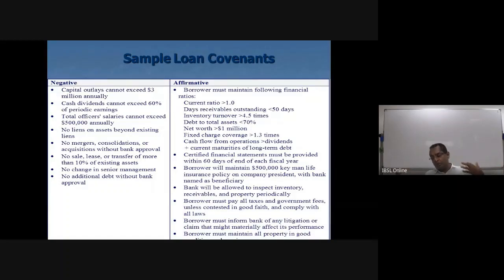Certified financials should be given within 30 days. Like that, we put conditions which can be adhered to. It is not restrictive. We ask the customer to adhere.